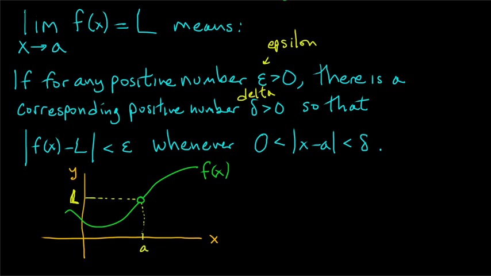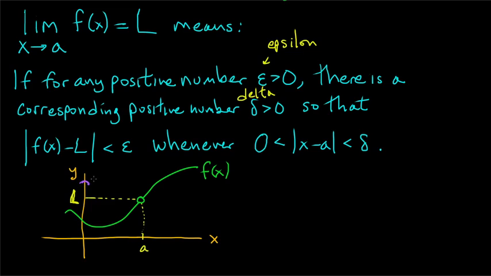Now we want to make this a little more precise. The idea is we want to make sure that our f of x is close to L. How close? Epsilon close. That means it has to be within epsilon.